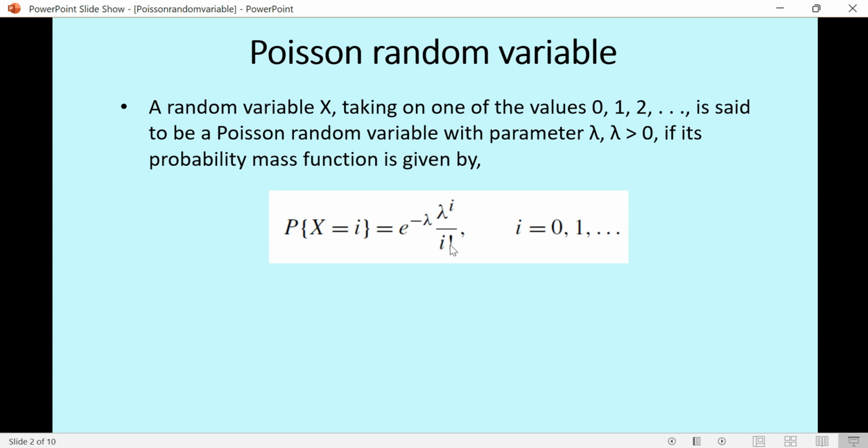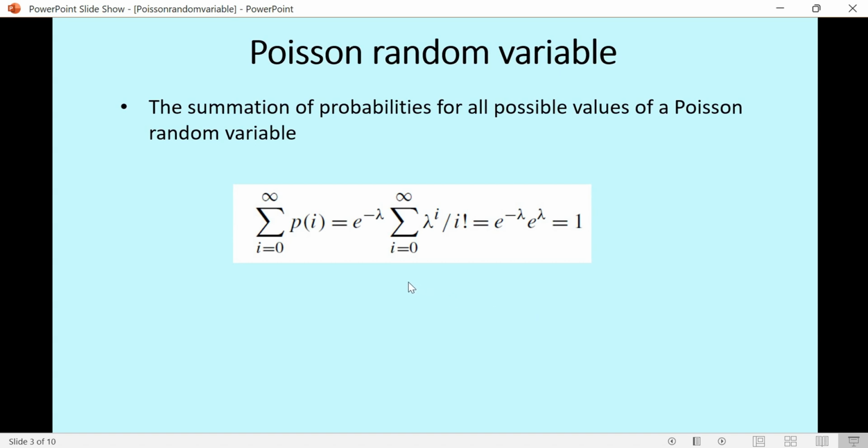This i takes different values for the random variable. So it's quite clear: e to the minus lambda, lambda to the i, divided by i factorial, where i can be 0, 1, 2, 3, and so on.